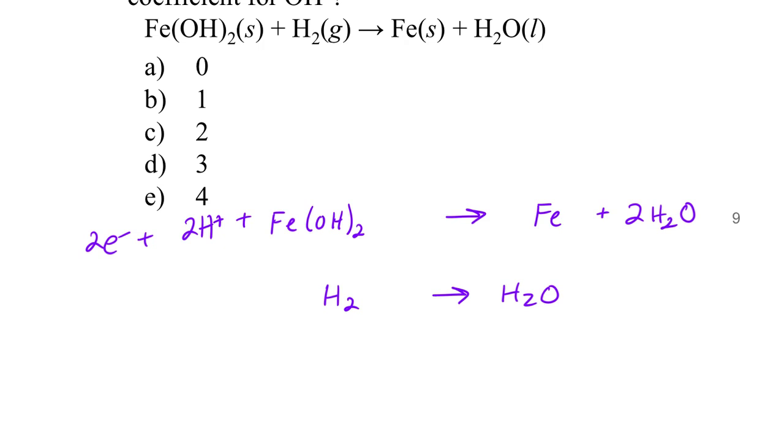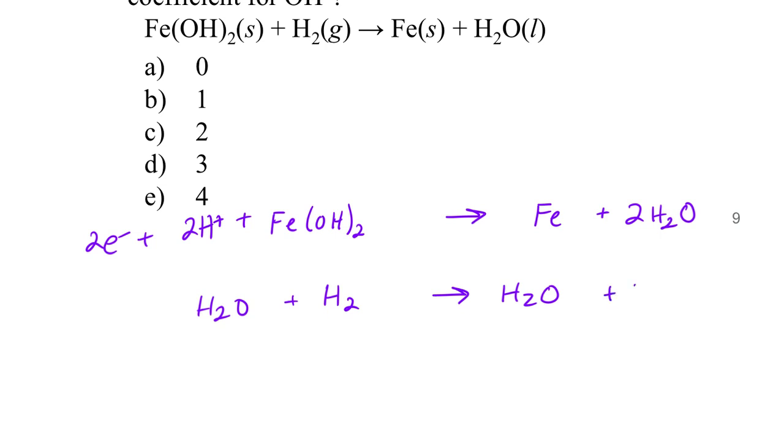Okay, the second half reaction, we're going to stop there with that first half reaction, but the second one, we need to balance our oxygen, and we can add water to the reactant side, 1 water to balance out the 1 oxygen on the product side. Now we have a total of 4 hydrogen on the reactant side and only 2 on the product side.